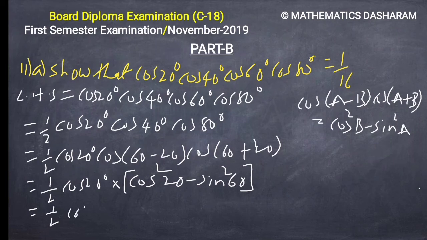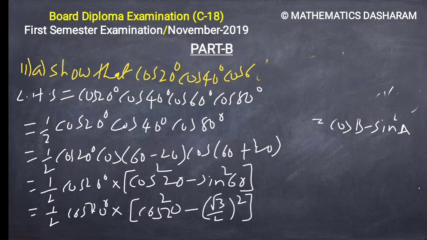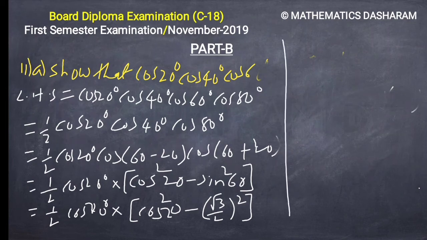So 1 by 2 into cos 20 degrees into cos square 20 minus sin 60, that is root 3 by 2, whole square. So it is equal to 1 by 2 into cos 20 degrees, the bracket cos square 20 minus root 3 by 2 whole square, the answer is 3 by 4.